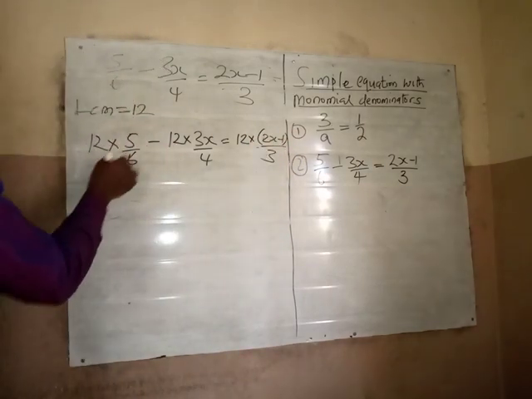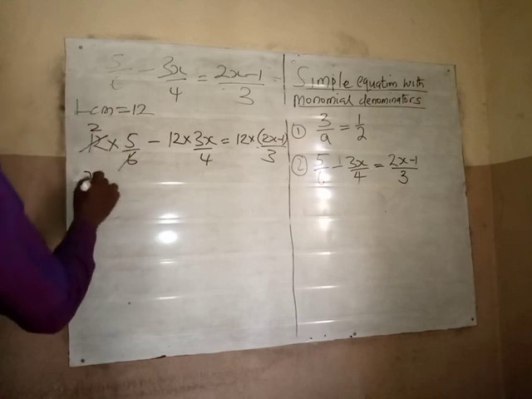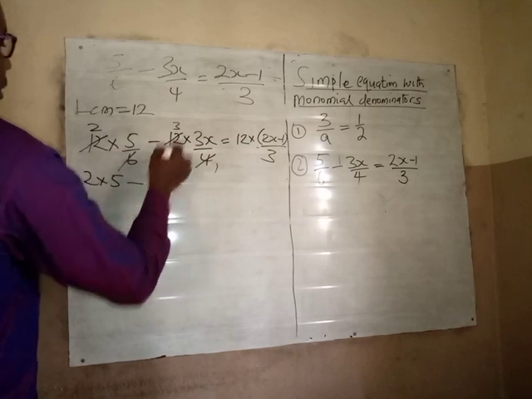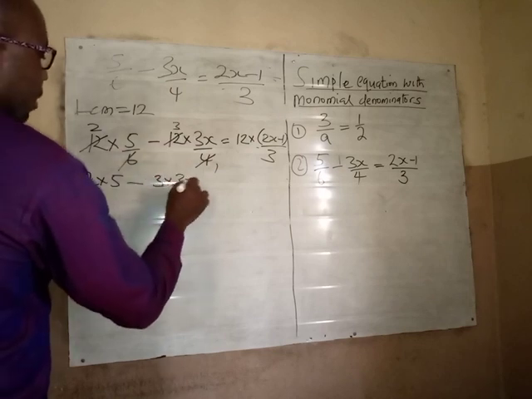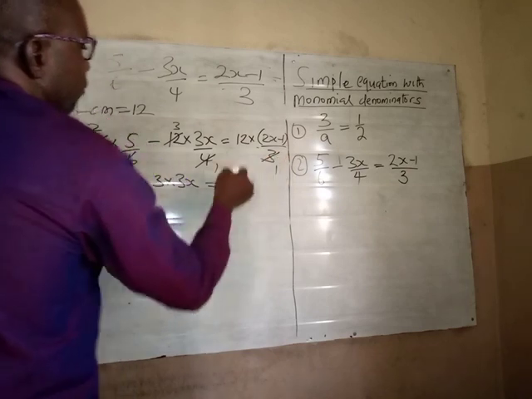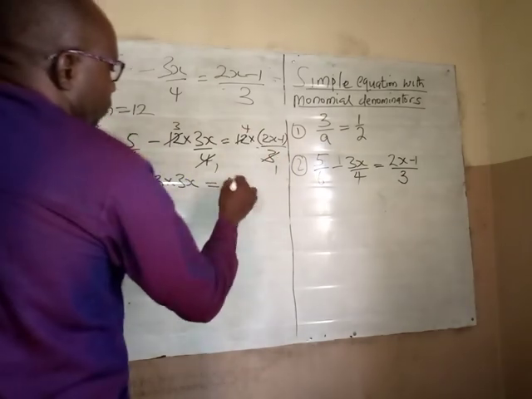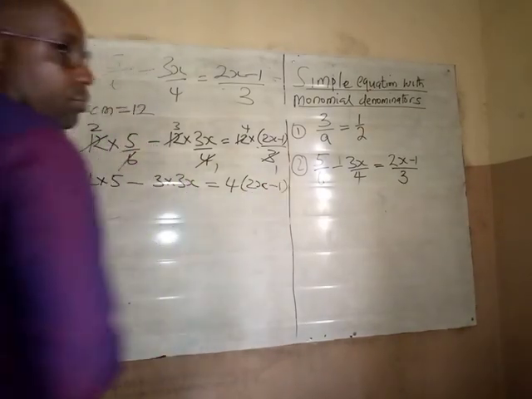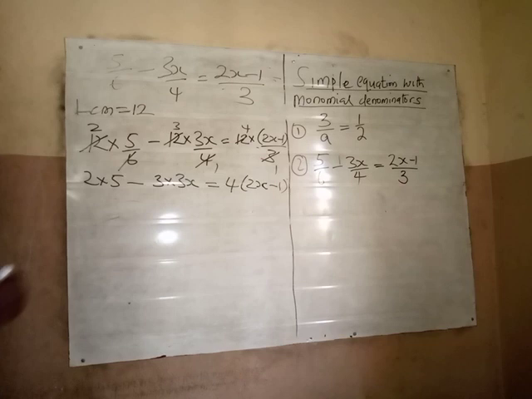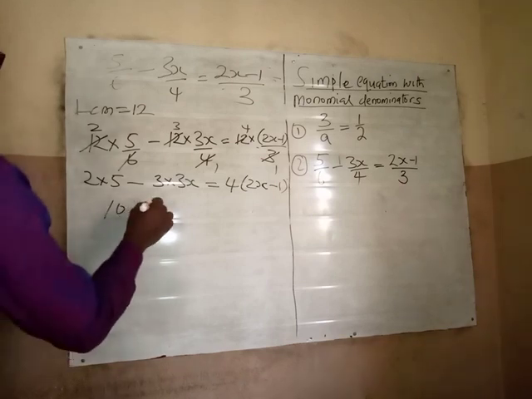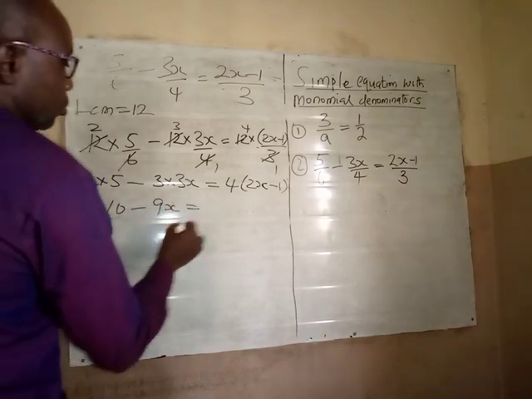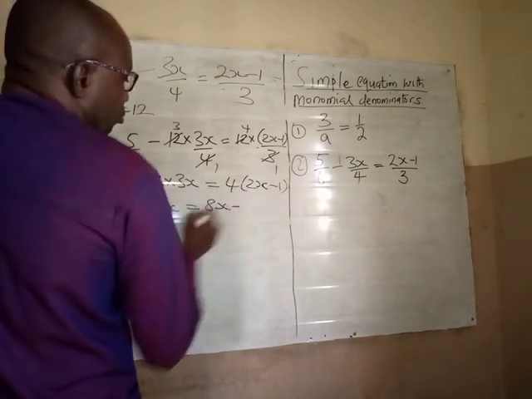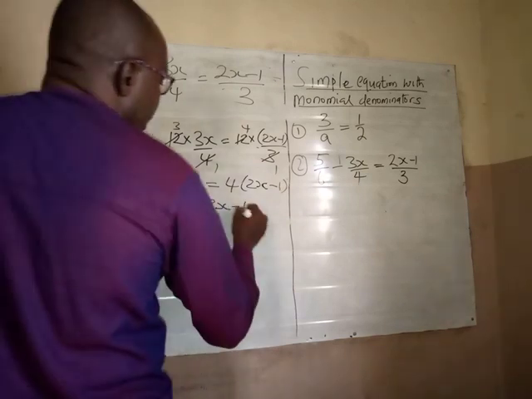So when you multiply, cancel out 12 and 6, you have 2 times 5, minus 4 cancels 12, 3 times 3x, equals 3 cancels 12, 4 over 4 into 2x minus 1. When you now solve it, what you have is 10 minus 9x equals 4 times 2x, which gives you 8x, and 4 times minus 1 gives you minus 4.